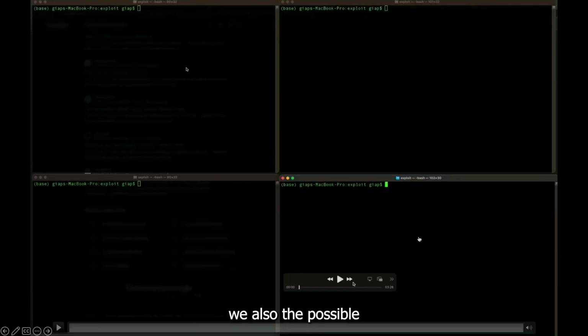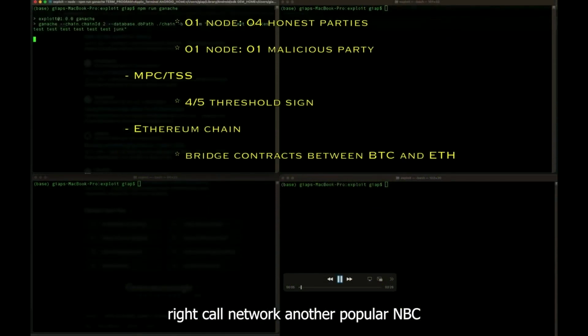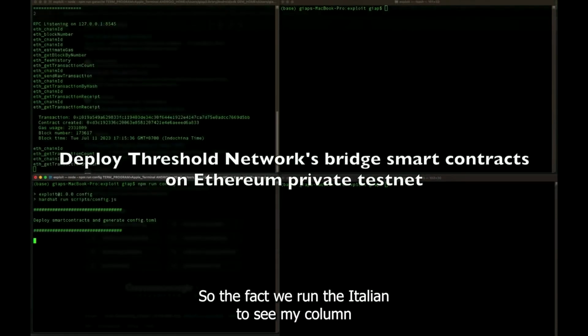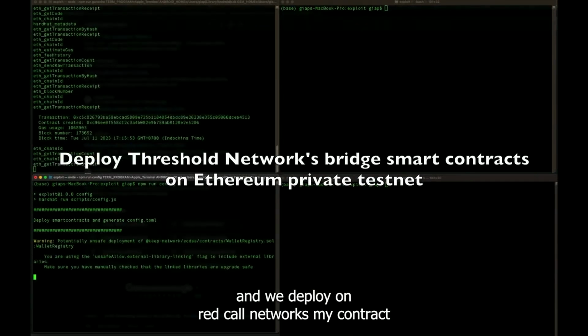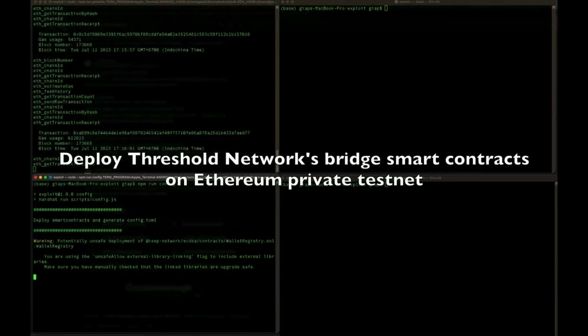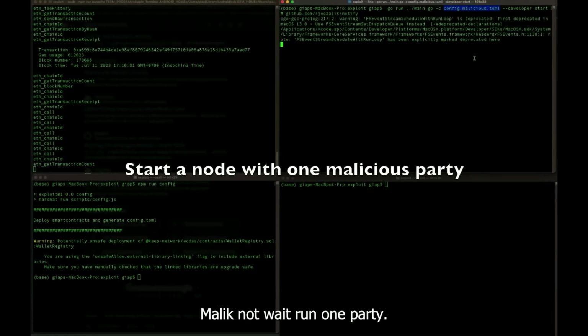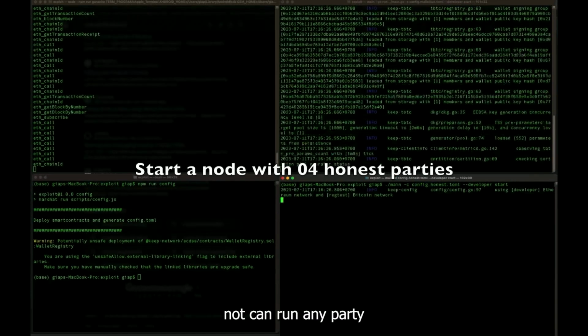Next, we also did the POC on the Keep network, another popular MPC blockchain at risk. First we run the Ethereum simulation, and we deploy the Keep network smart contract. After that, we run one malicious node which runs one party. The Keep network lets a node run any party.